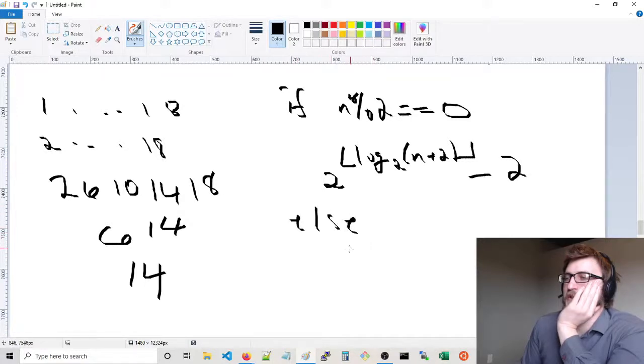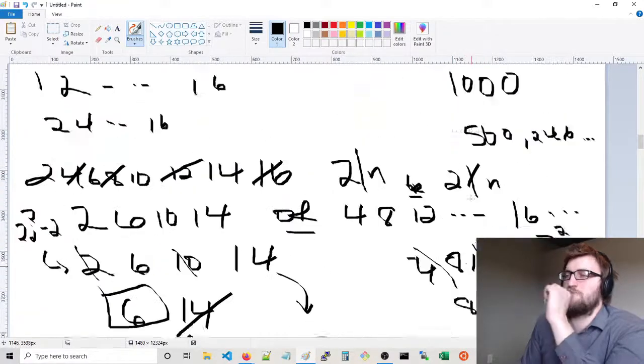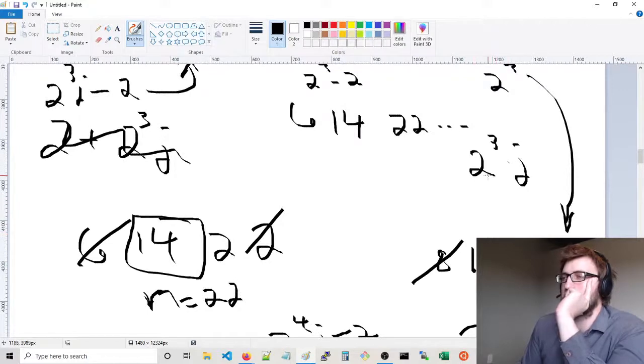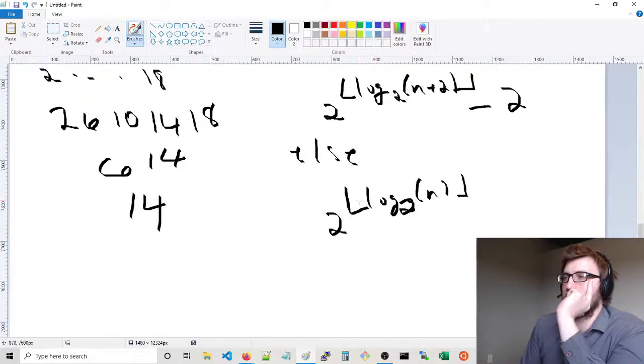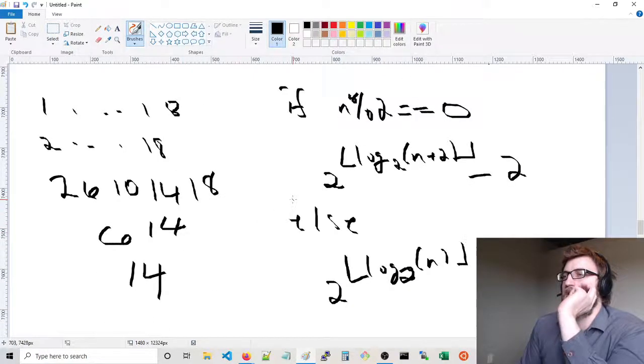Otherwise, floor of log base 2 of n. The other one is actually the same thing: 2 raised to the k is less than or equal to n. And so that means that k is just log base 2 of n.